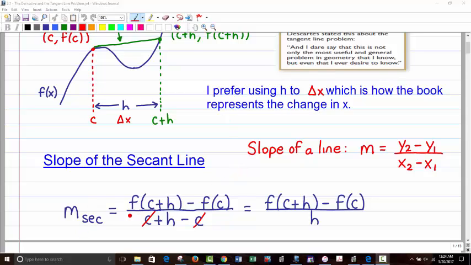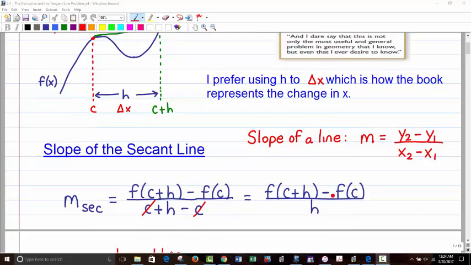So m sec is f of c plus h minus f of c over c plus h minus c. And then notice in the denominator that the c's would cancel, nothing happens on top. And it would simplify to f of c plus h minus f of c, divided by h.